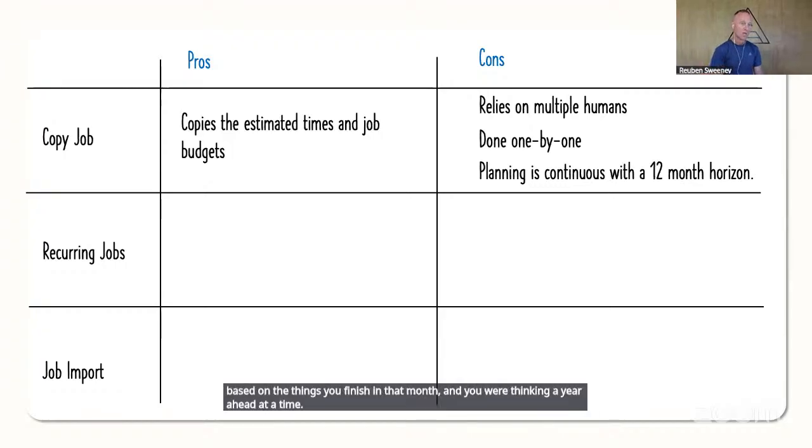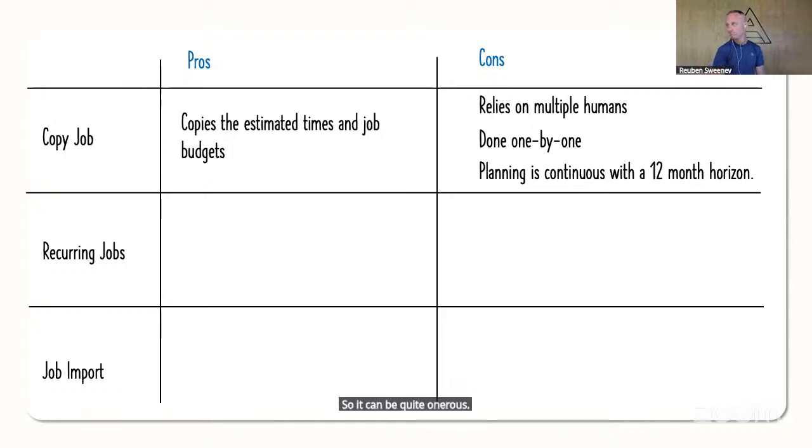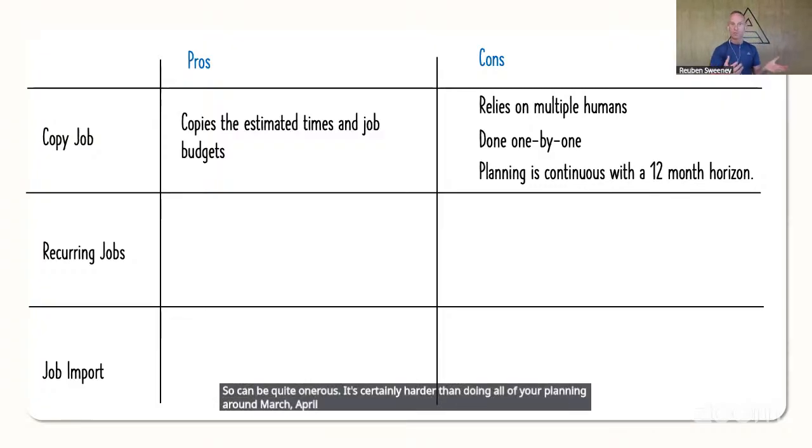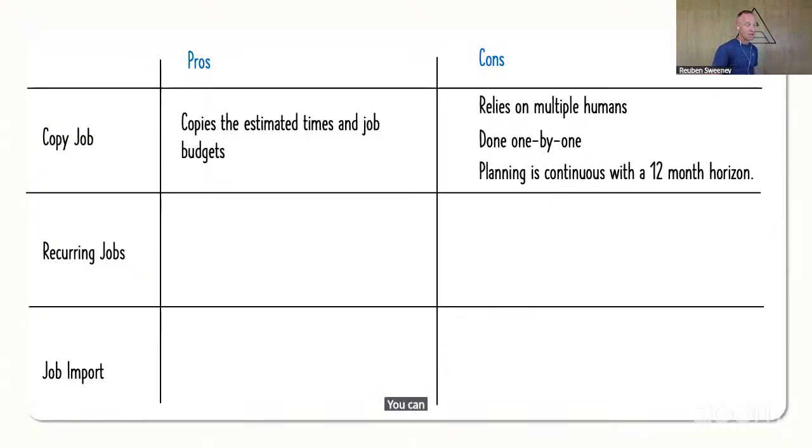So it can be quite onerous. It's certainly harder than doing all of your planning around March, April each year, where you have all your jobs created and then allocated out, and you can actually make a good decision around where and who you need to hire, or how many more clients you can bring on with the team you have.